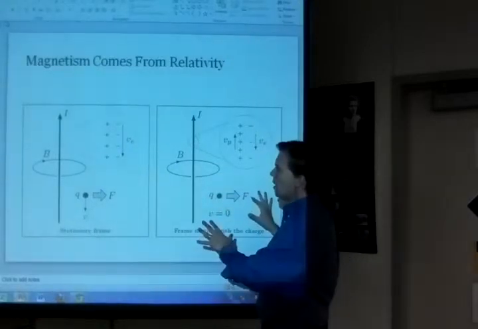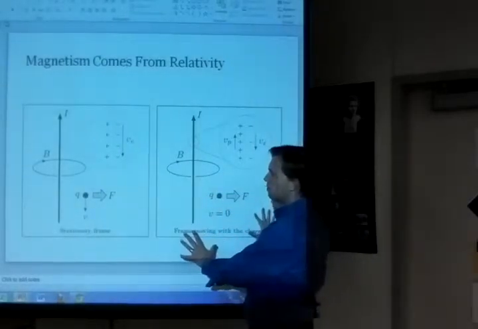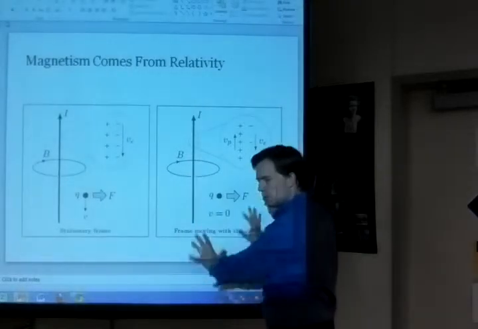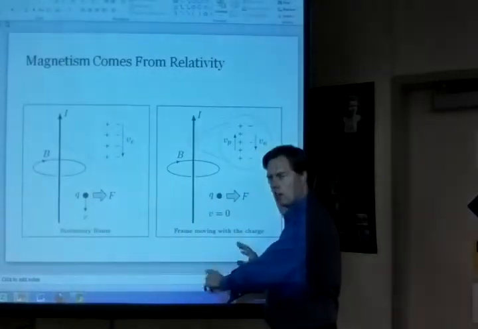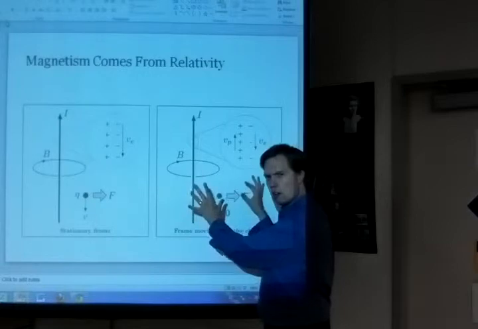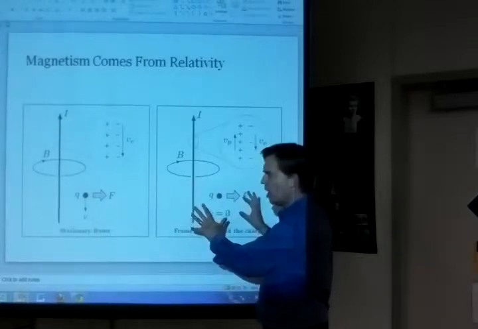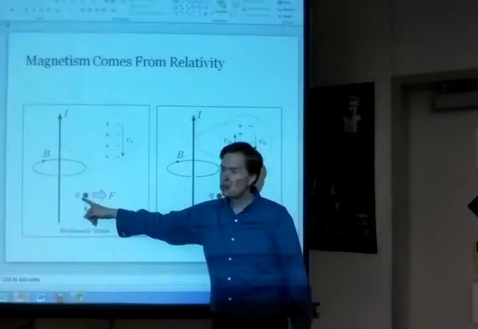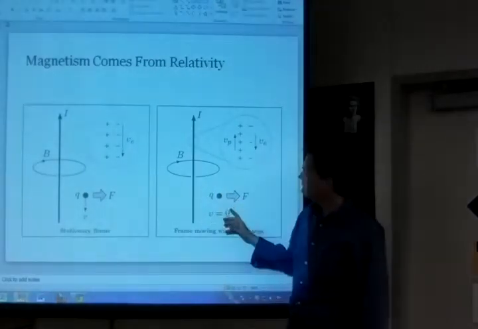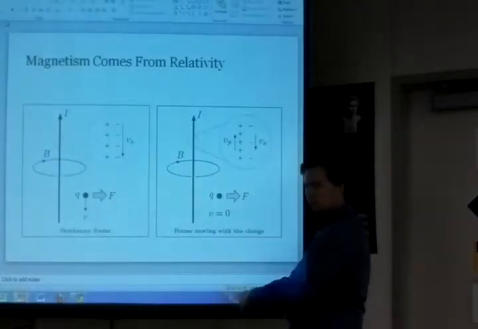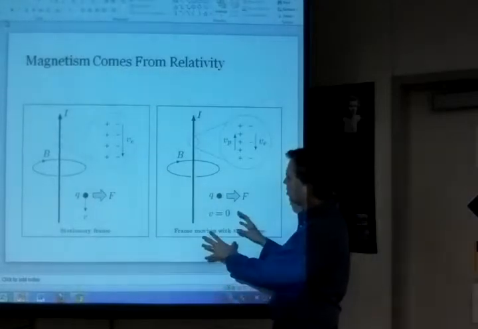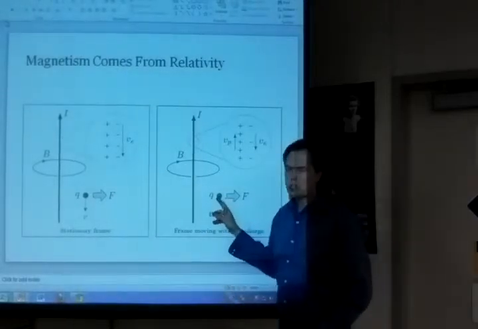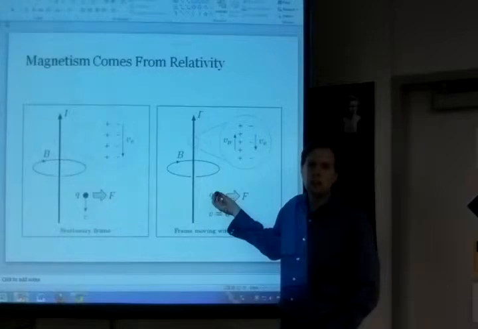So we imagine that this laboratory is moving down the page, okay? Not only is it moving down the page, it's moving down the page in such a way that it matches this speed. So in this frame that's moving with the charge, essentially, the charge is just sitting there, right?